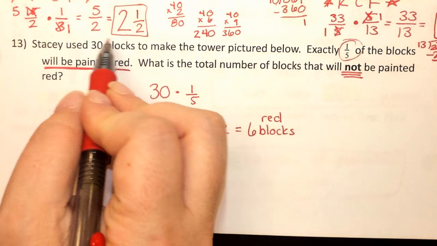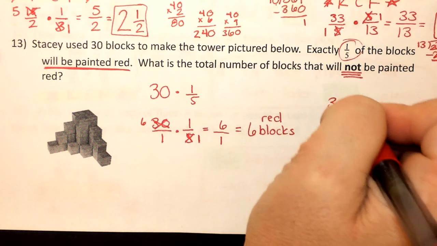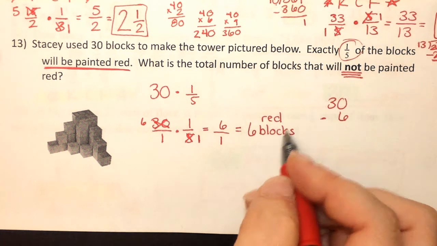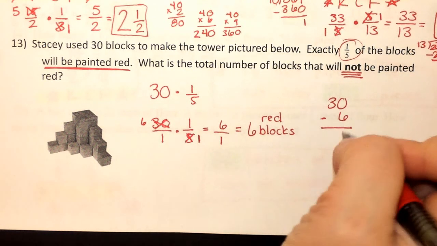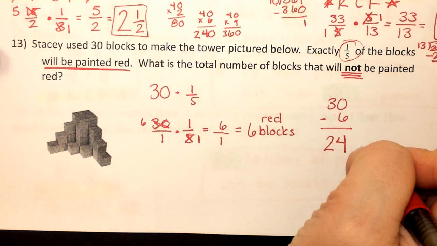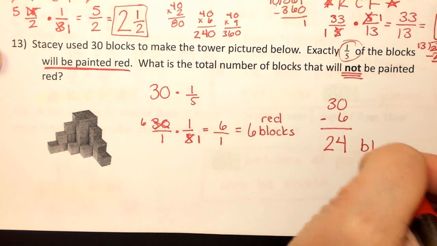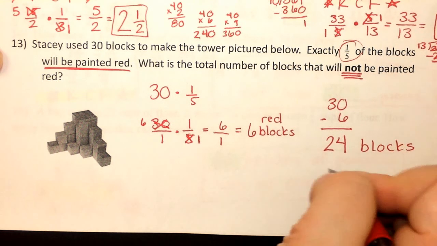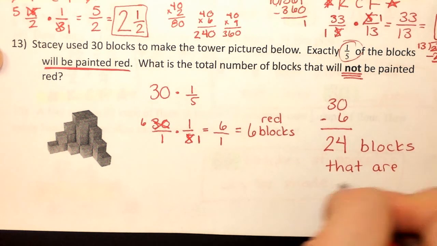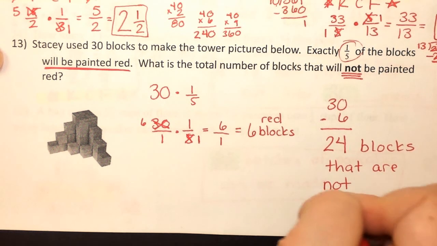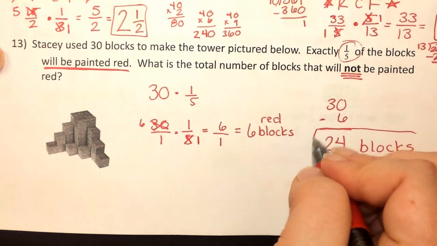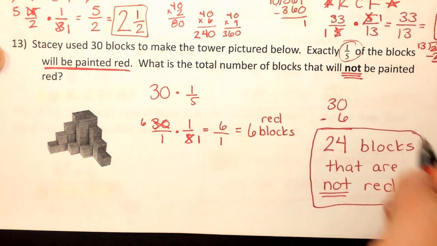We're going to take my 30 blocks, and I'm going to take away the 6 that are red. So 30 minus 6 is 24. So there are 24 blocks that are not red. And that's what the question is actually asking.